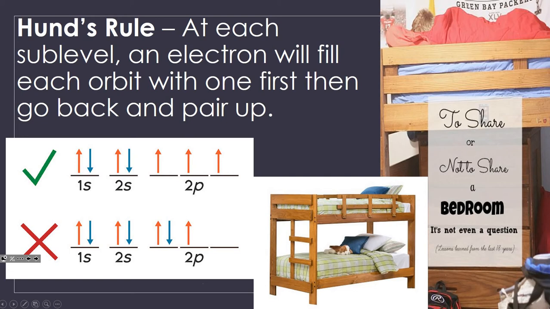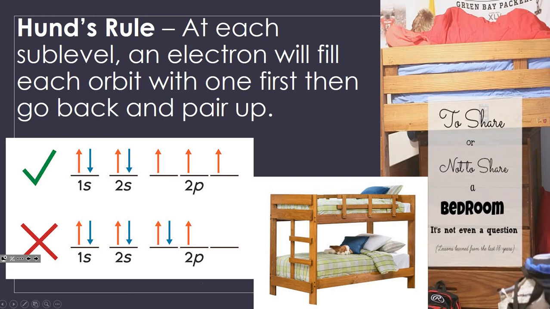Okay, so we want our own rooms. Hund's rule basically says as long as we're on the same energy level and there's an open room, I put one electron in each room first before I go back and start pairing. Put it in your own words. At the same energy level, if there's an orbit open, I put one electron in each orbit before I can put the second one in.